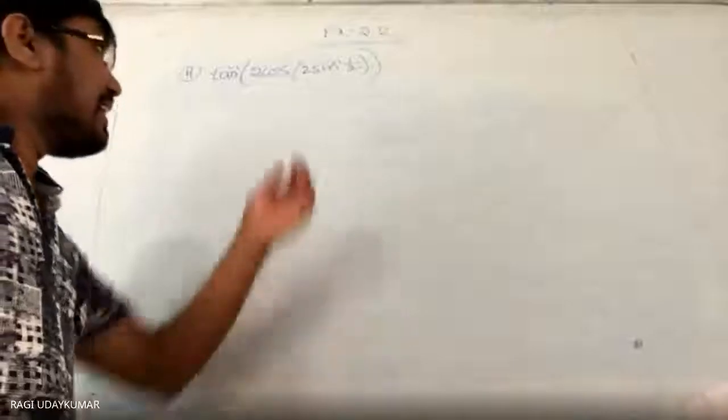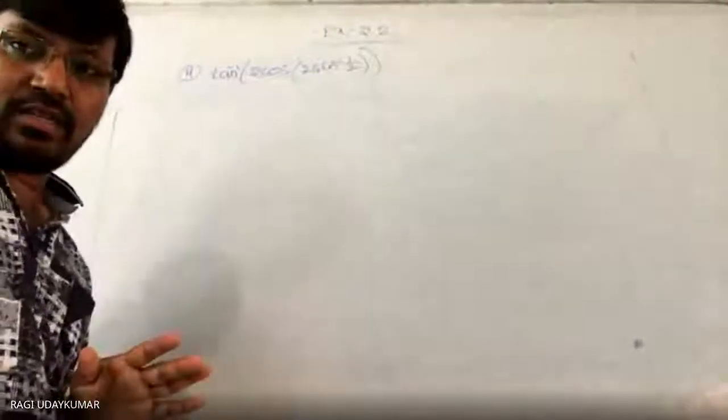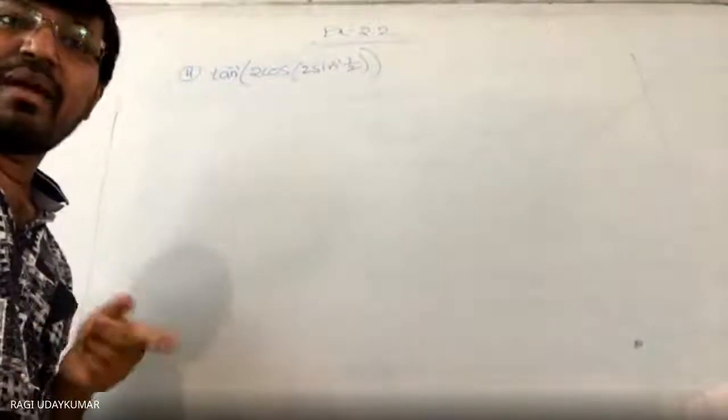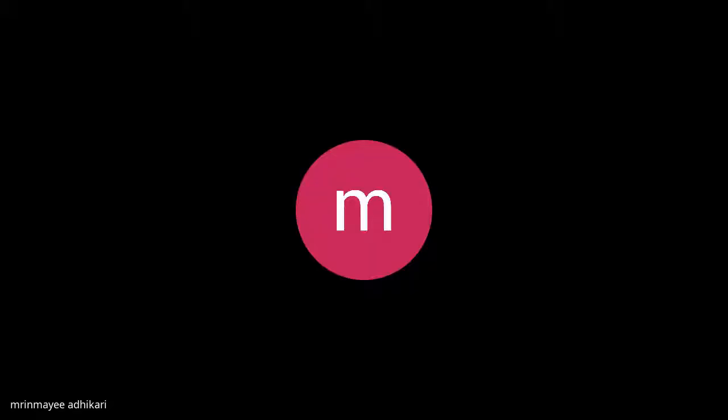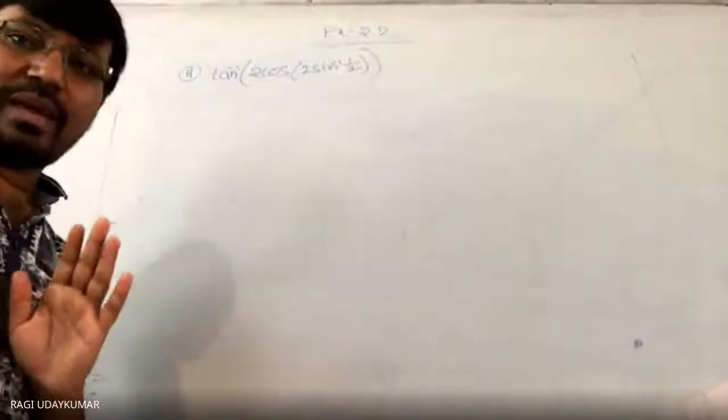Yes, 30 degrees means pi by 6. If you said pi by 6, I got pi by 3.